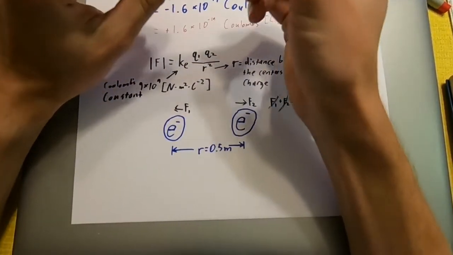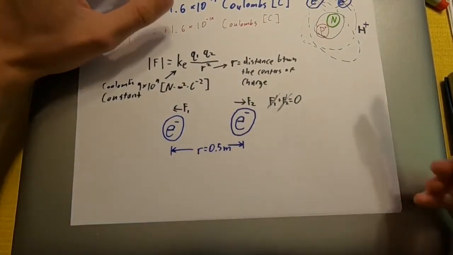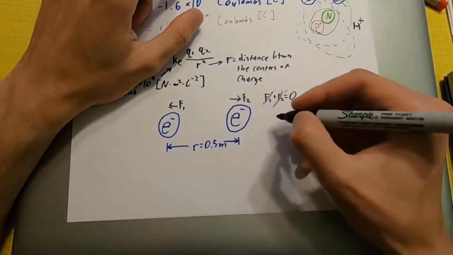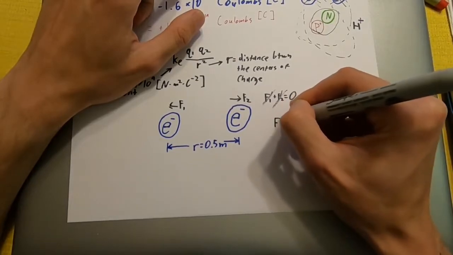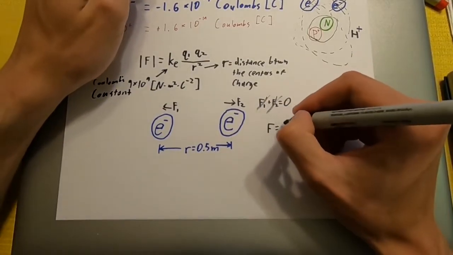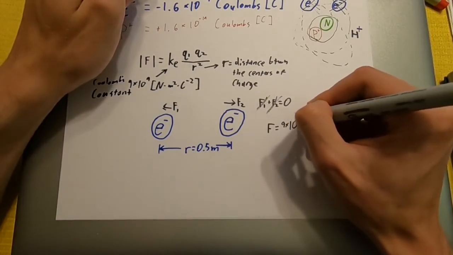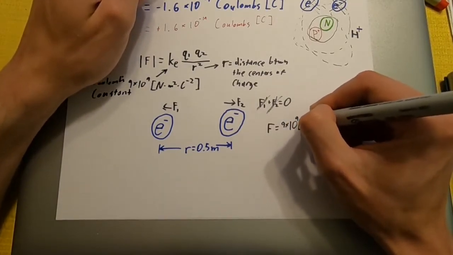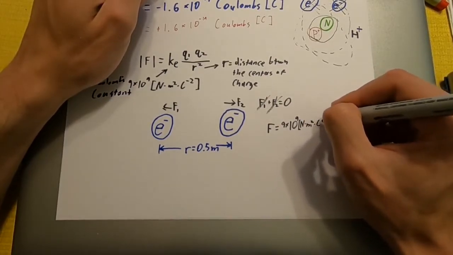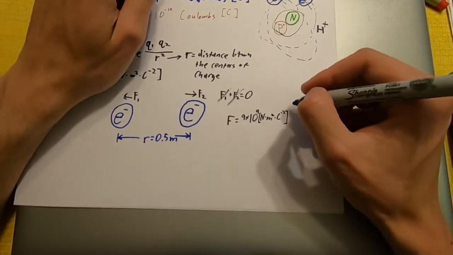Okay. So with Coulomb's law, we can calculate the force that each of these electrons feel, which is going to be equal to Coulomb's constant. So it's going to be 9 times 10 to the 9th newtons times meters squared times coulombs to the negative second, times the two charges.